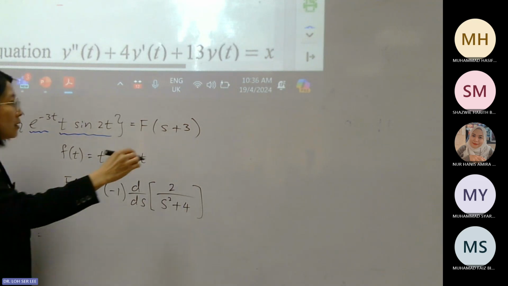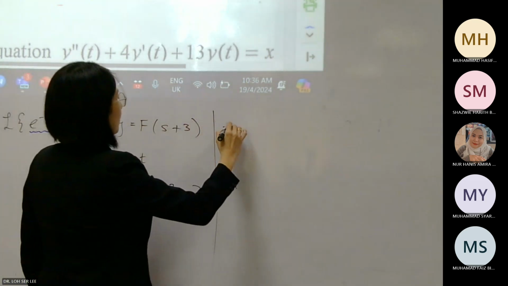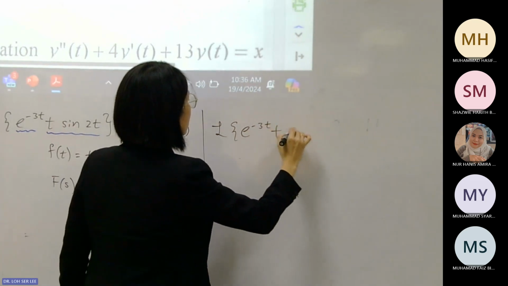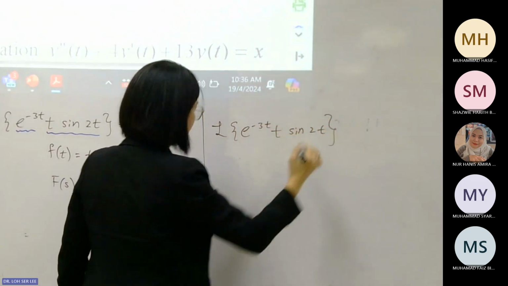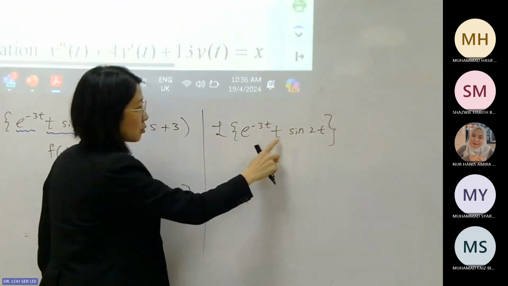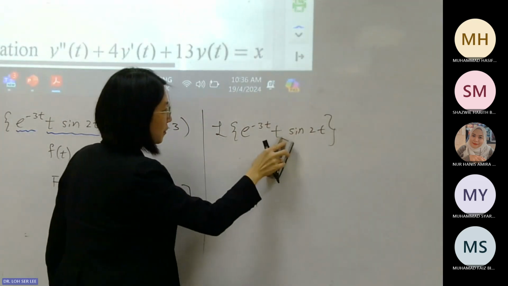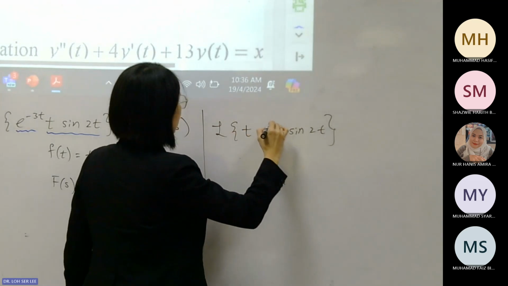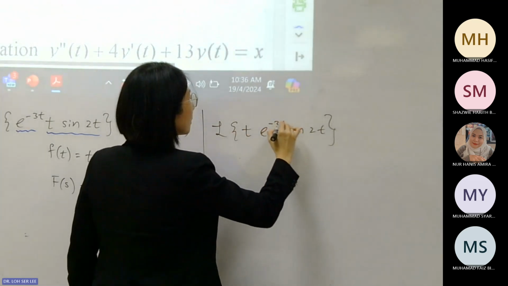The second way is e^(-3t) sine 2t. You start with this t, meaning that I will write it in this form, with this 3t.